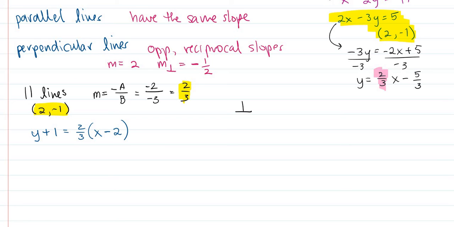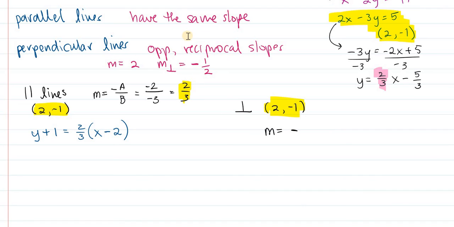Okay, let's talk about perpendicular lines. For a perpendicular line, we have the same point, (2, -1). And now we need the slope. But the slope of a perpendicular line is the opposite reciprocal. So if our parallel line had the slope of 2/3, perpendicular to that would be opposite, so it's going to be negative.